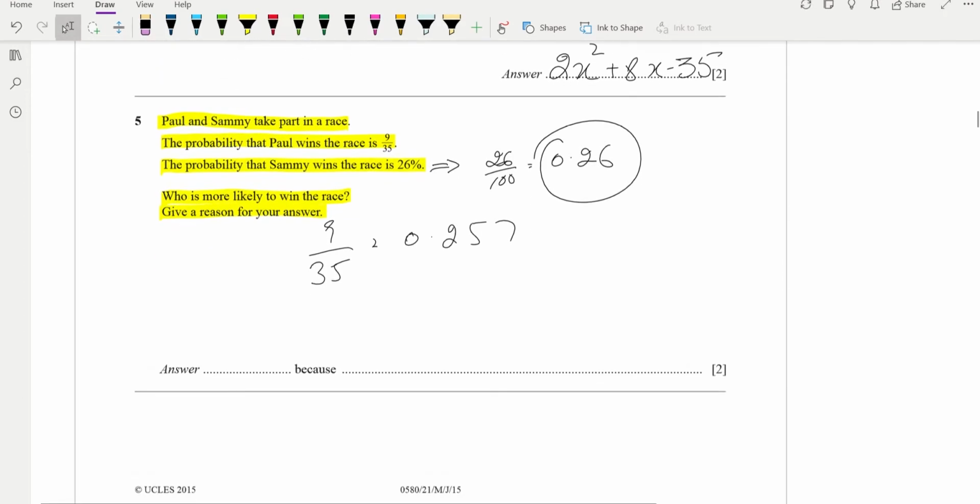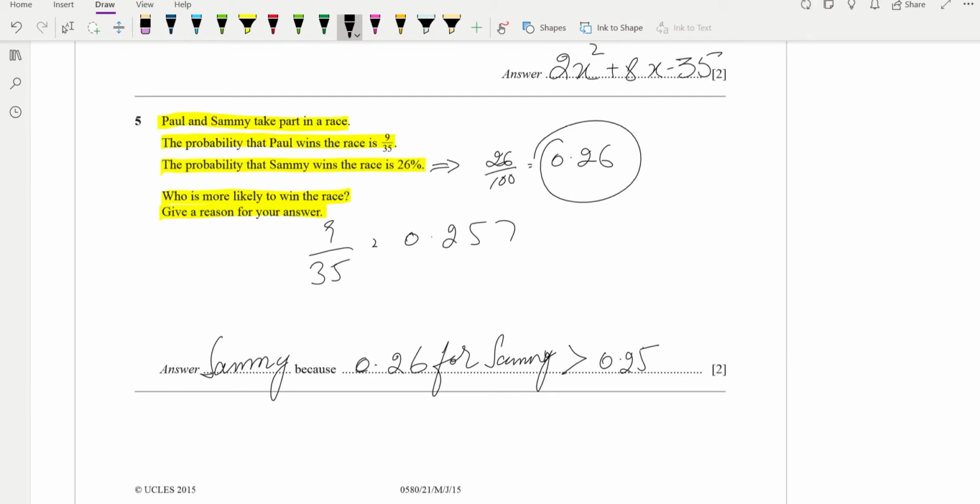We will say Sammy, and the reason is because the probability, 0.26, for Sammy is greater than 0.257 for Paul. So this will be our reason.